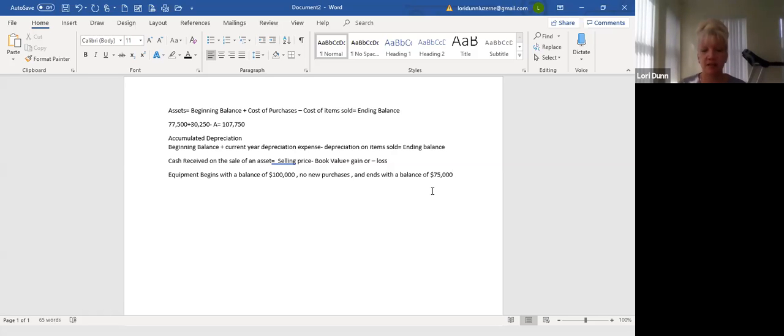Let's say our accumulated depreciation starts with a balance of 50,000. Current depreciation is 10,000. And it ends with a balance of 40,000.